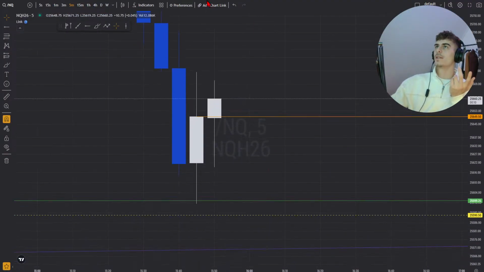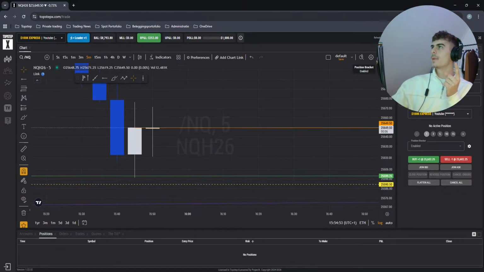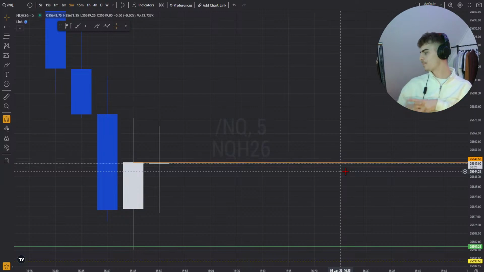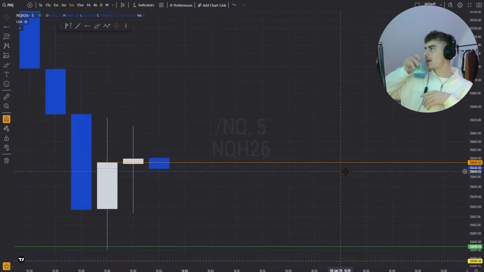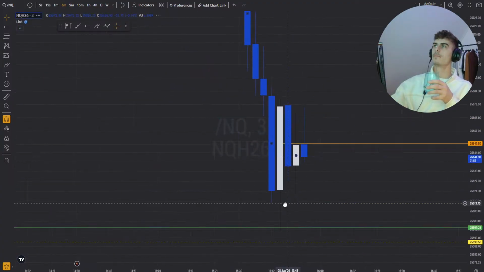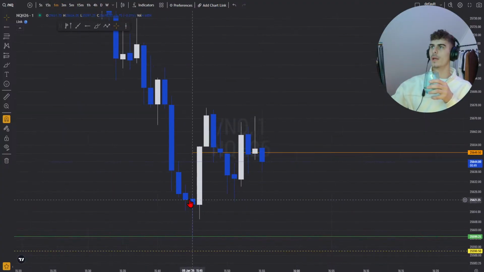So this is a nice little stop loss. I can take the wide stop loss, by the way, because I've got a little bit of cushion. It's struggling to gain anything.